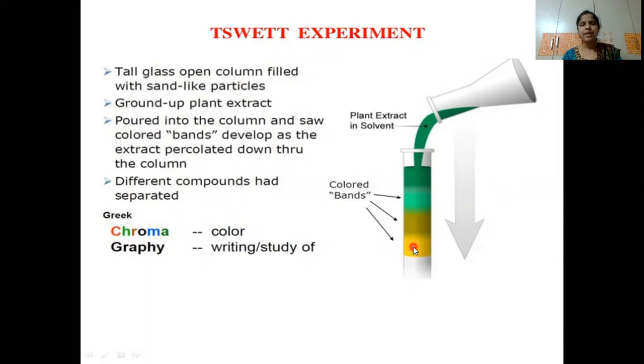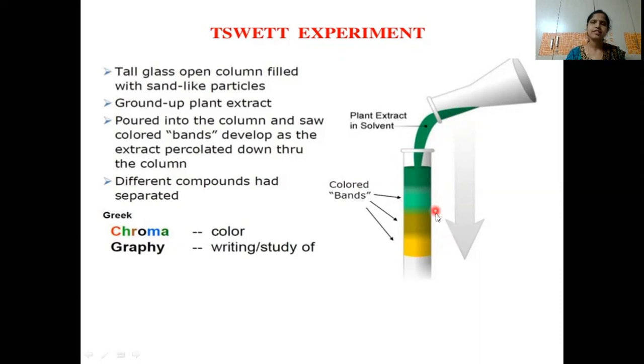That means by this experiment, he came to know that this technique can be used for the separation of the components. Based on these color bands, he identified the various components present in the plant extract, such as xanthophylls, chlorophylls, and other colored compounds.